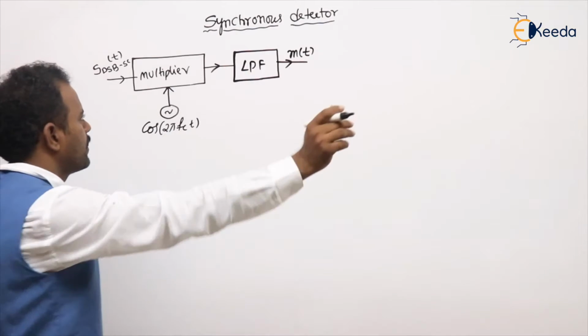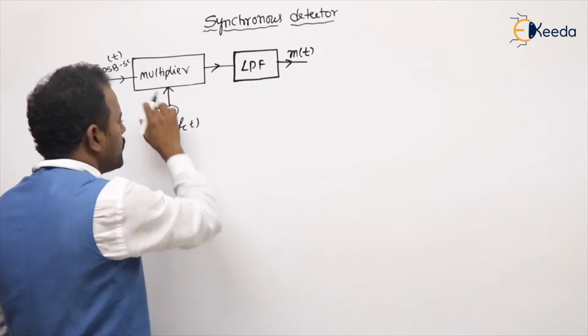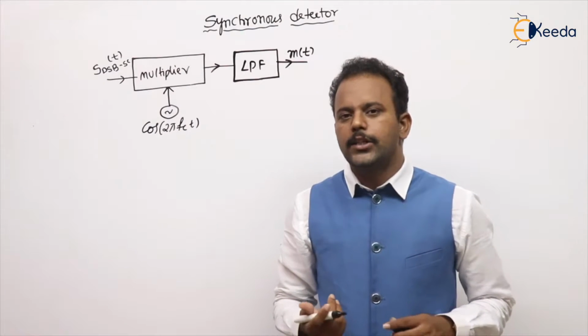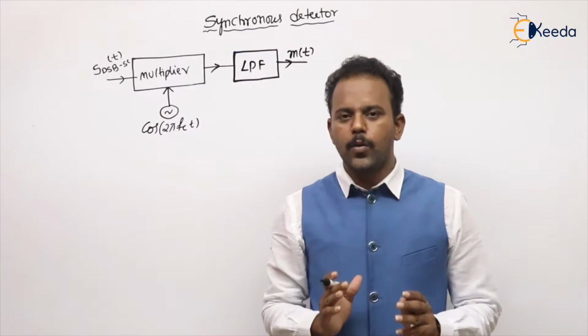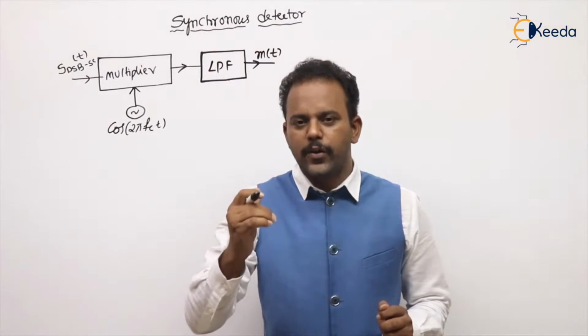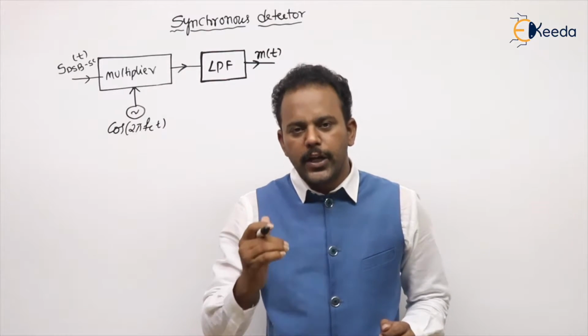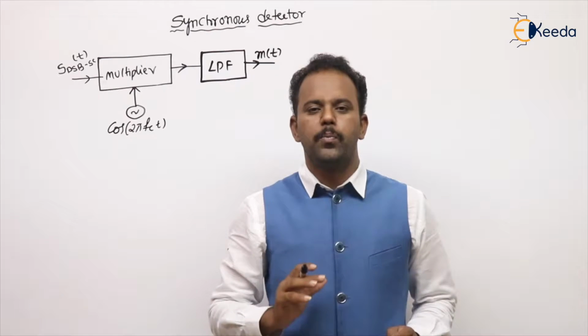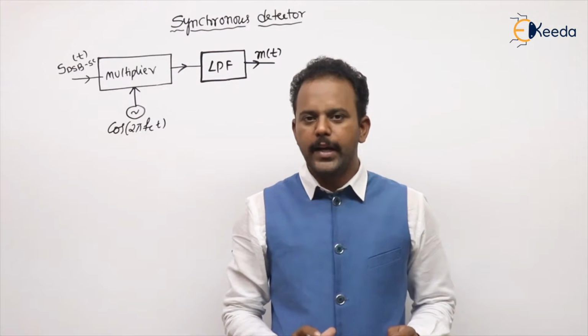Follow. So, here, the same common point I told in AM: to make the synchronization between the local oscillator output and the received DSBSC signal's carrier frequency and phase, what do we have to do? We need an additional block called the Costas loop. Are you getting my point?